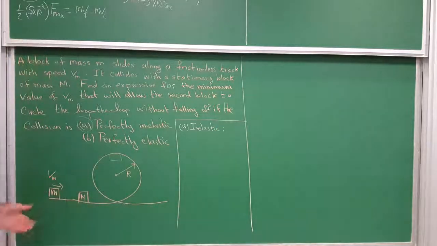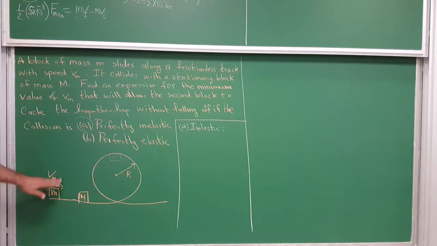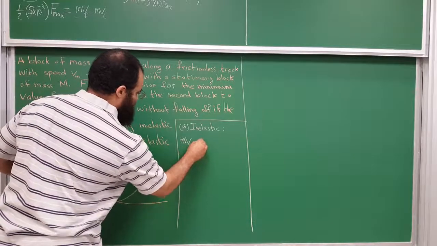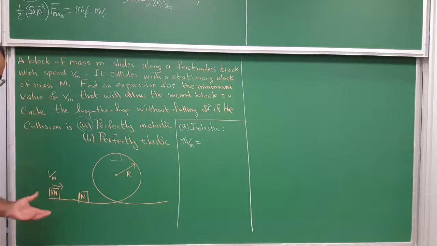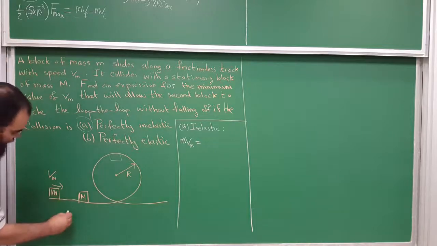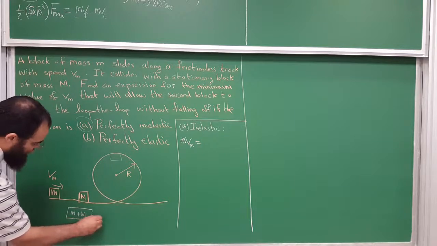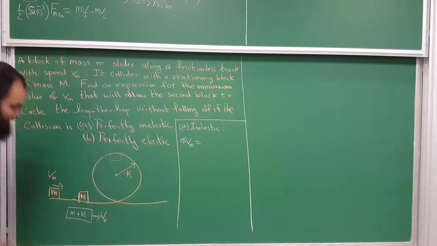I will use conservation of momentum, because in an inelastic collision momentum is conserved. So this one has momentum mVm as the initial momentum. That should equal the final momentum, but the final momentum is these two hit each other and become a larger mass, little m plus capital M, moving at some speed V naught.